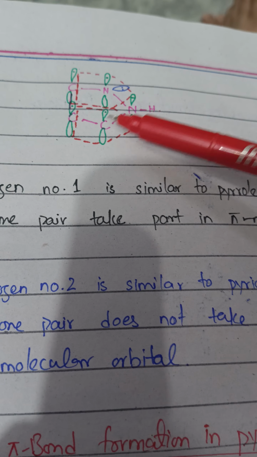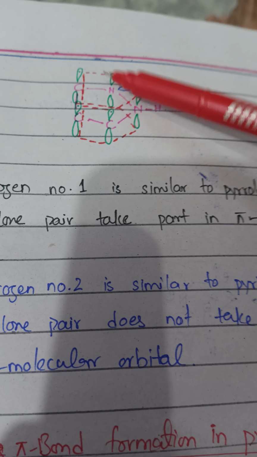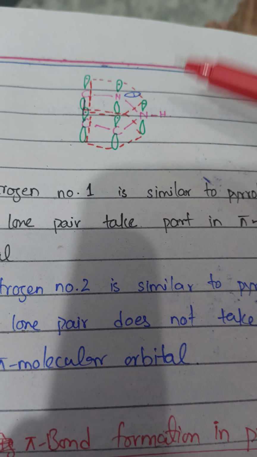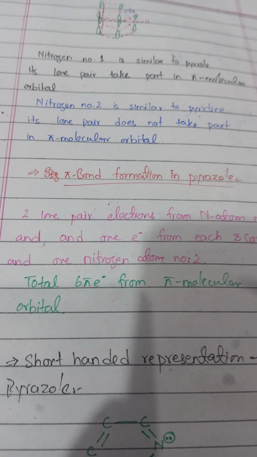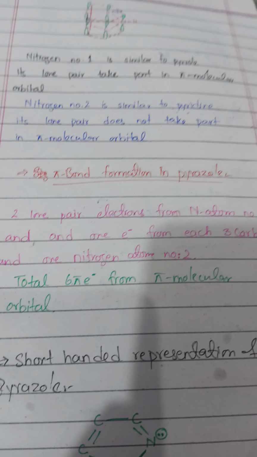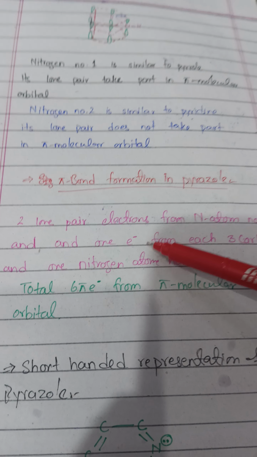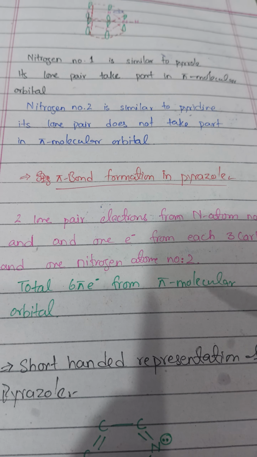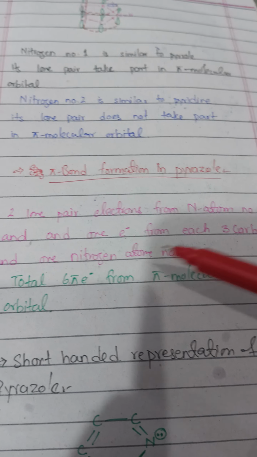So we count 1, 2, 3, 4, 5 and 6, so 6 pi electrons are taking part in the pi molecular orbital of the pyrazole. So these 6 electrons form the pi molecular orbital of pyrazole, and these 6 pi electrons make pyrazole aromatic.